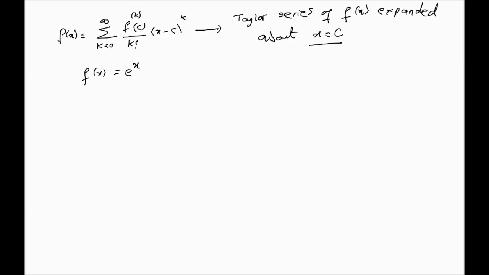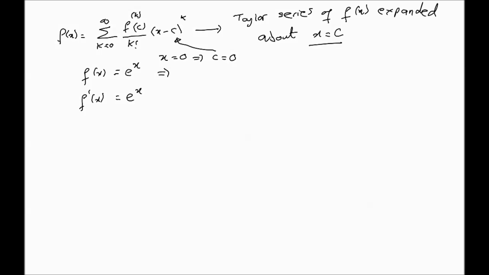In order to calculate the Taylor series, we proceed as follows. First of all, we calculate the first derivative. Now with each of these values, we are going to calculate the Taylor series about, say for instance, x equals 0. This means that c is going to be 0 here.